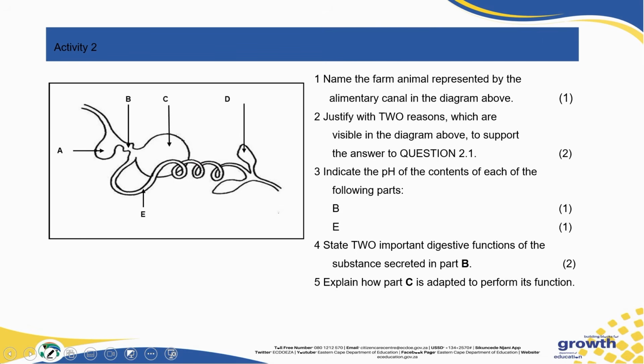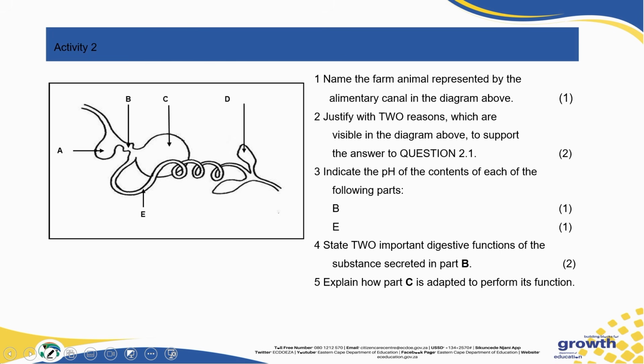Here's an activity. We have to work it out. Name the farm animal presented by the alimentary canal in the diagram above. Justify two reasons which are visible in the diagram above to support the answer to question 2.1.